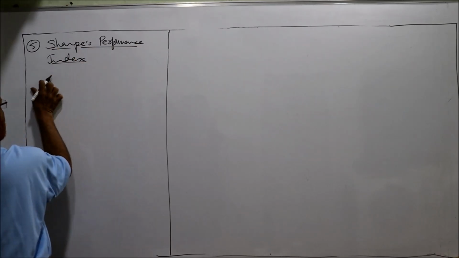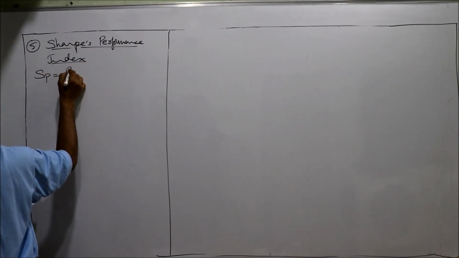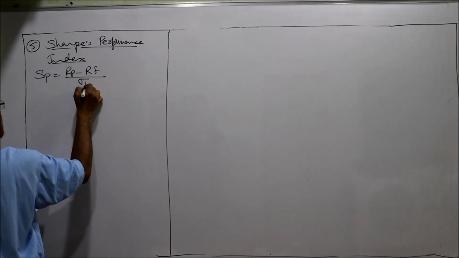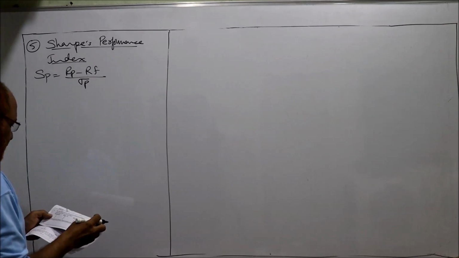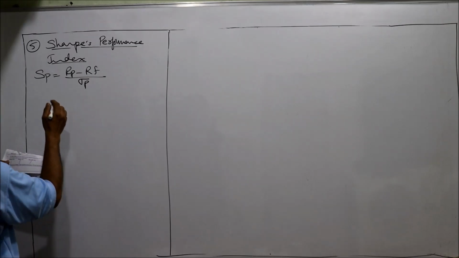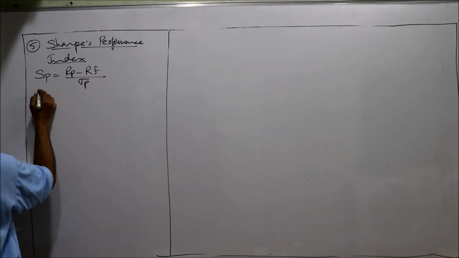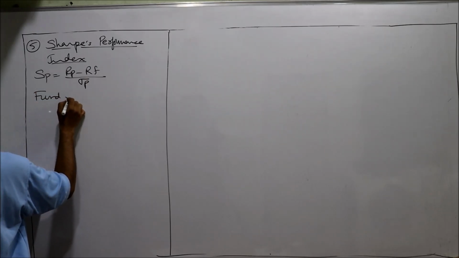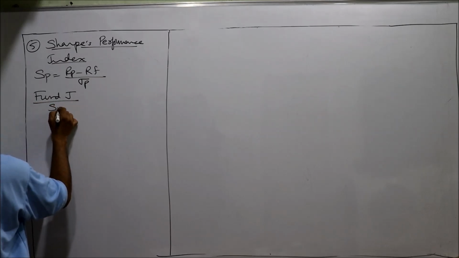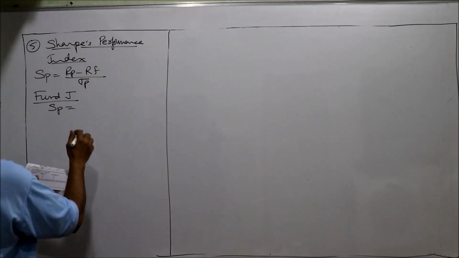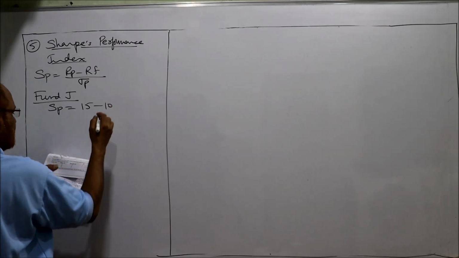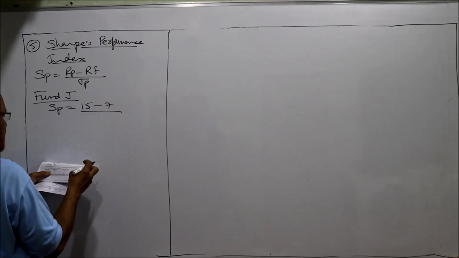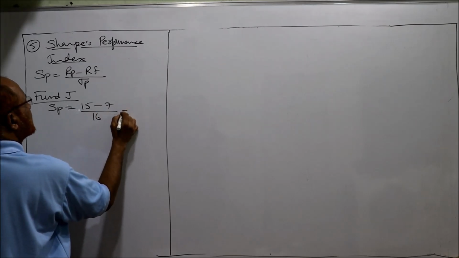Sharpe's performance index, the formula is SP is equal to RP minus RF divided by the standard deviation of the portfolio, right? Now we'll apply it to each one. Growth fund J: SP is equal to the return, 15%, minus the risk-free rate of 7%, divided by the standard deviation, 16.